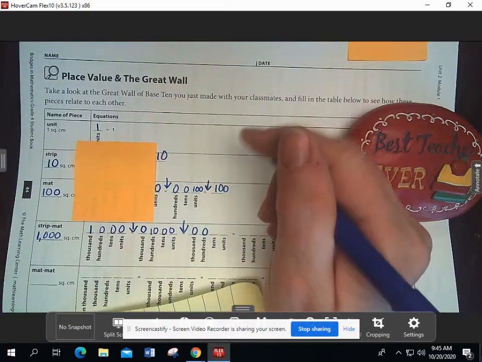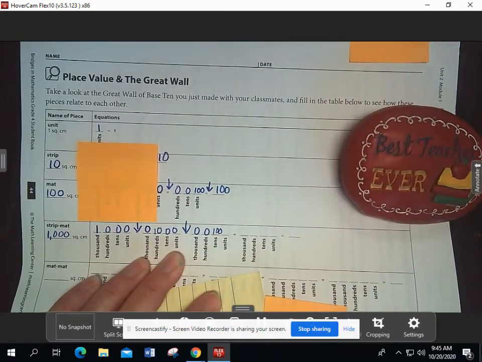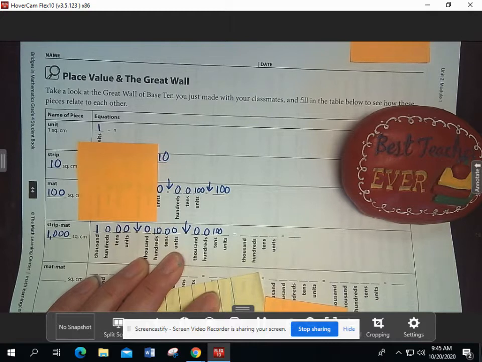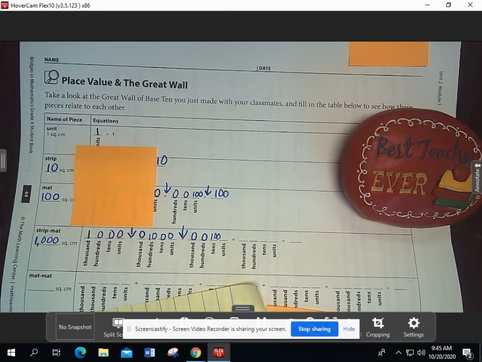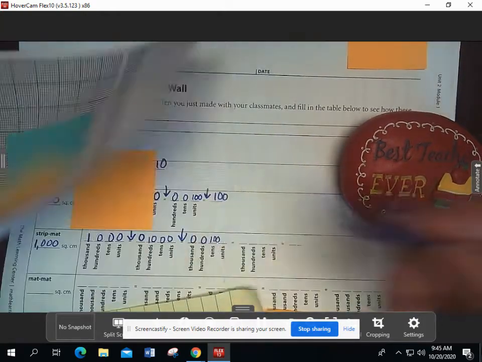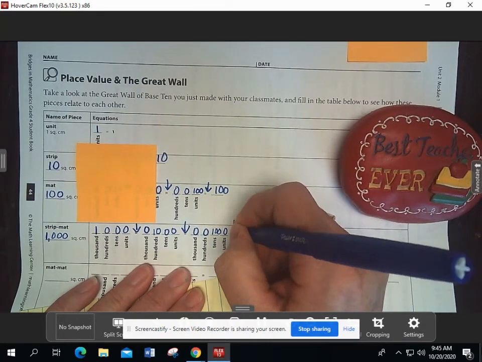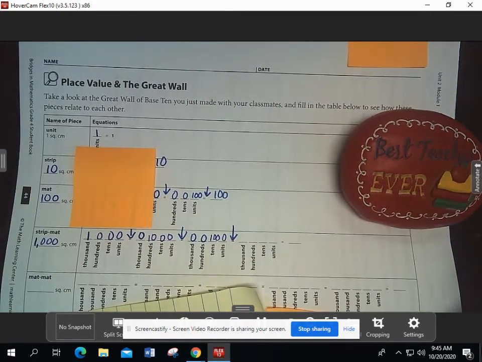So we have 100 groups of 10. Did we cut it into the units? No, we're not talking about its units yet. And we have an equal sign.